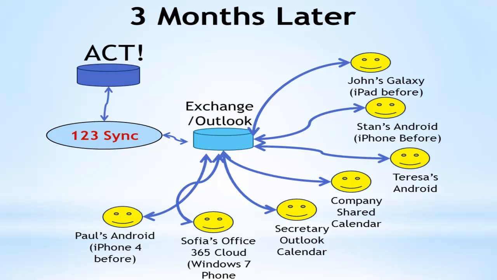And Paul has an Android; he had an iPhone 4 before. So although the world is changing and these phones and these accessibility components are changing, your synchronization solution is constant.